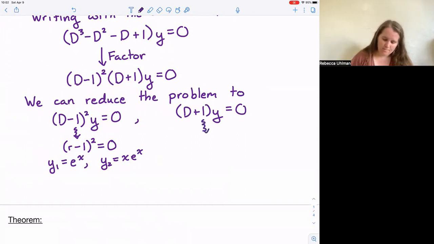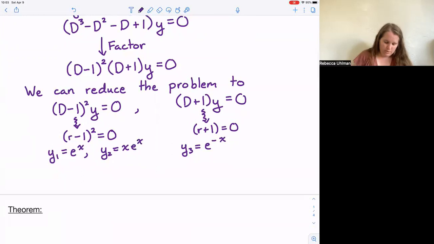The second one, we could view it as characteristic equation, r plus 1 equals 0. And we get y3 is therefore e to the negative x.